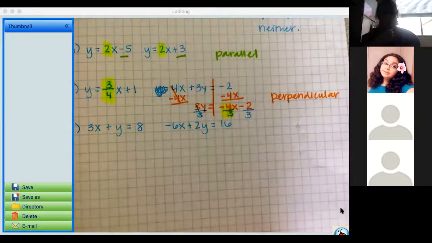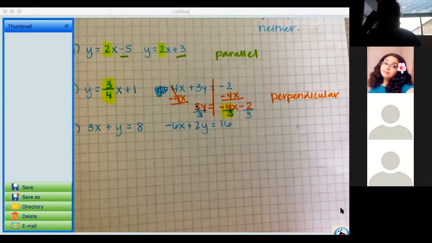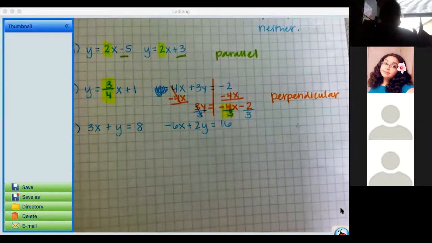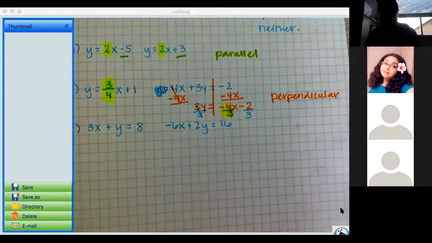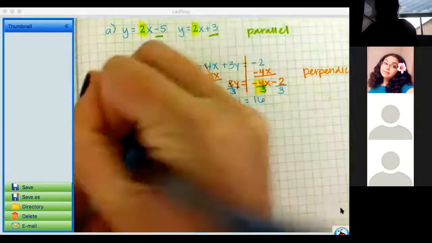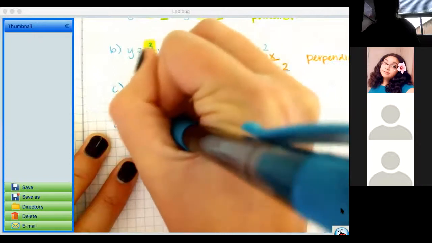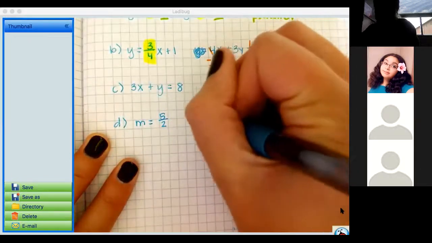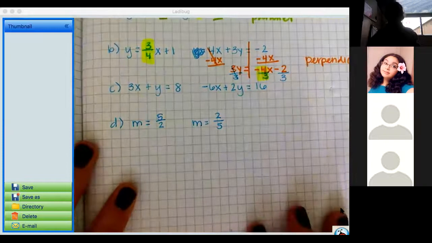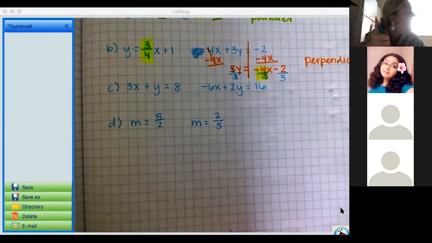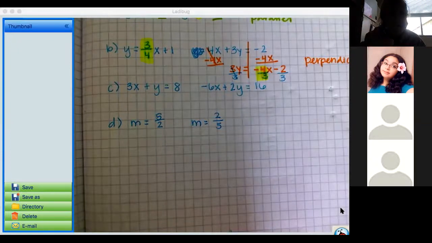That is a perfect question. Y'all couldn't hear her, could you? She said, what if they're flipped? So what if they're reciprocals like this? Let me give you an example. So if one slope is 5/2 and the other slope is 2/5, that's what you mean, right? Okay, are they reciprocals? Just watch, you don't have to write this. Are they reciprocals?